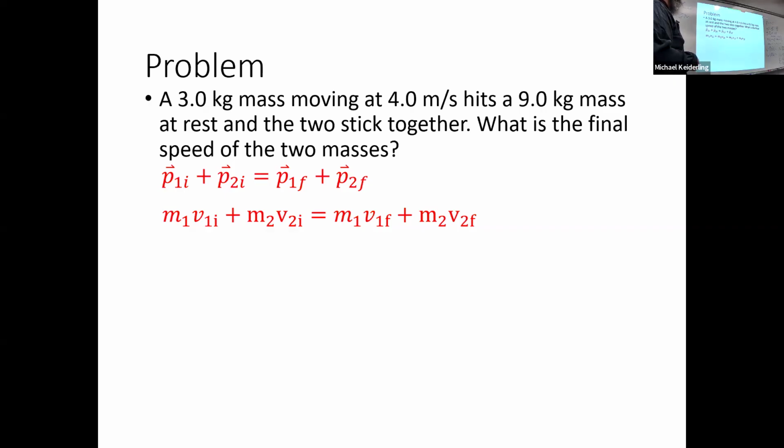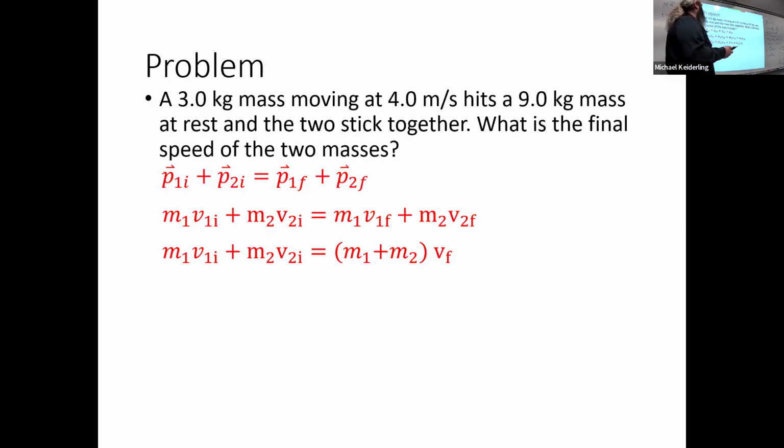So V1 final and V2 final are the same number. So mass 1 times velocity 1 initial plus mass 2 times velocity 2 initial equals mass 1 plus mass 2 times V final.